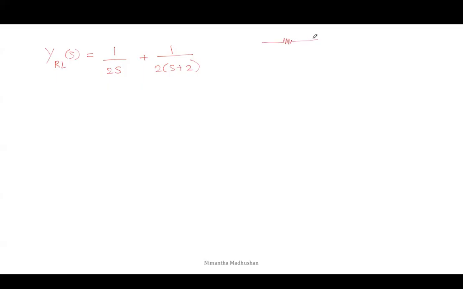If I consider a resistor with the value of R, the impedance of the resistor is R and the admittance of the resistor is 1 over R. If we consider an inductor with the value of L, the impedance of the inductor is SL and the admittance of the inductor is 1 over SL. We can use these terms to obtain what elements are represented by each term. This will be Y1 and Y2.